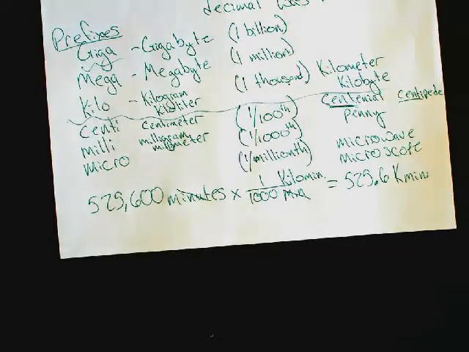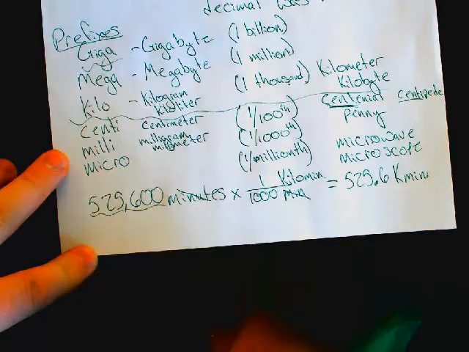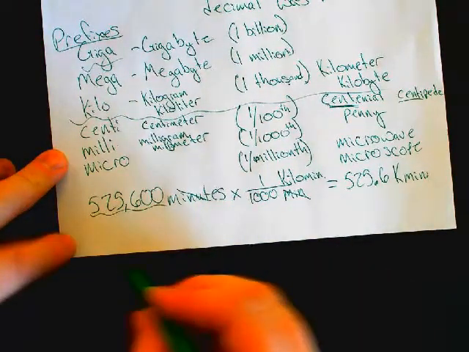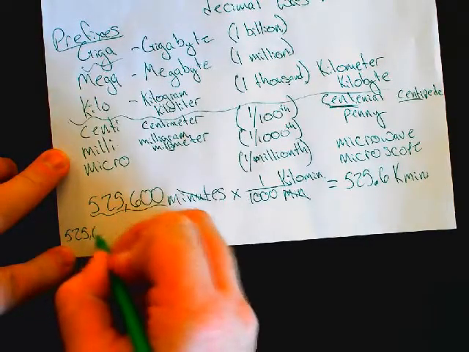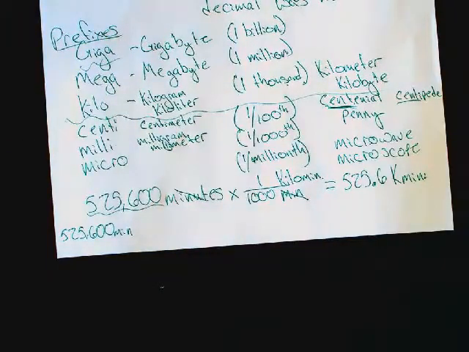Okay, let's try a different one, one that's a little harder that you can't do in your head. I want to know exactly how many years that is. So 525,600 minutes. If I'm trying to change that to years, what unit should I go to first?